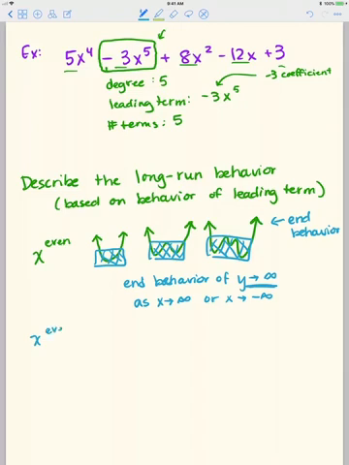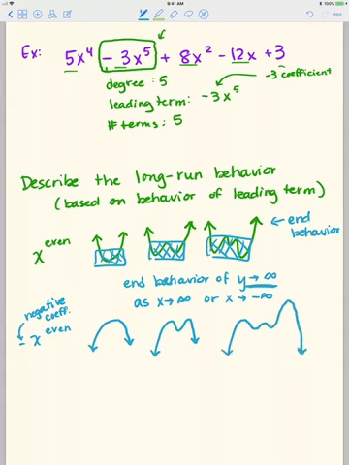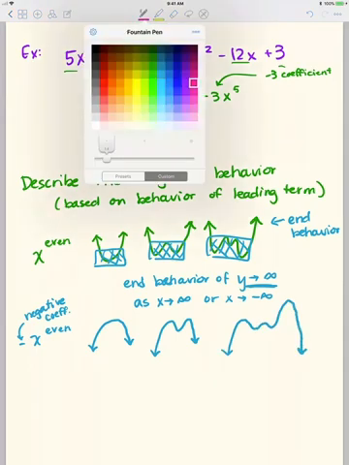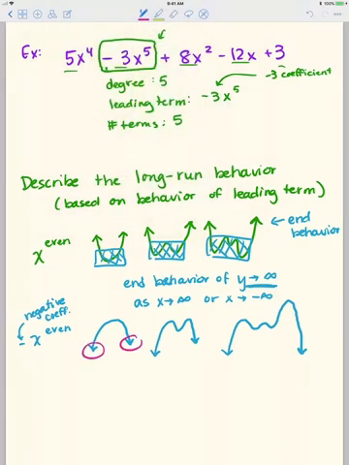If it's an even power and that coefficient happens to be negative on that leading term, that'll have the same shape, but now the ends are going to be pointing down. And again, you don't really know the kind of humps and turns that it may have. But the main focus here is that the ends will go in the same direction.